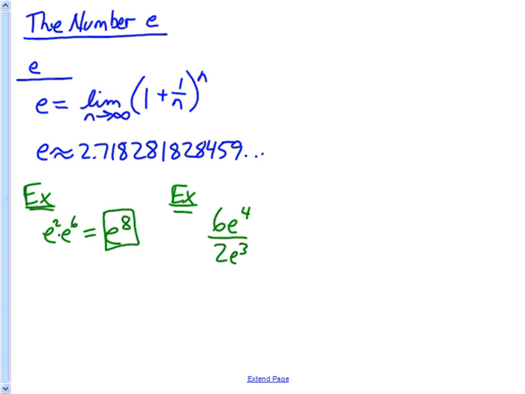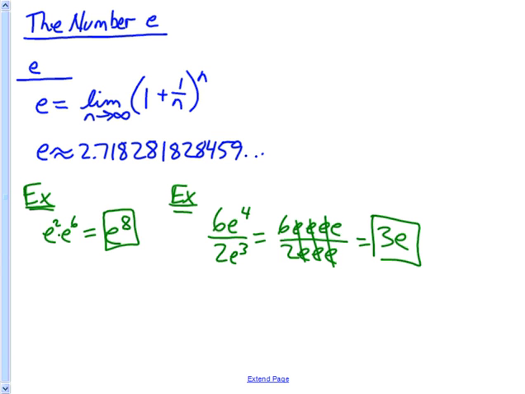So you go 6 over 2 is 3. You have e's on top and bottom, so you're just left with 1 on top, aren't you? So 3e. And of course you could have gone 4 minus 3, the exponents, which is e to the 1, right? If you want to think about it that way.